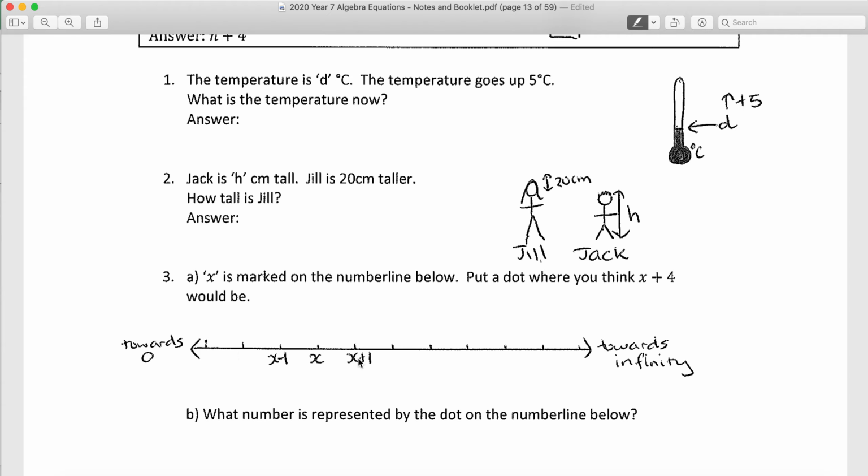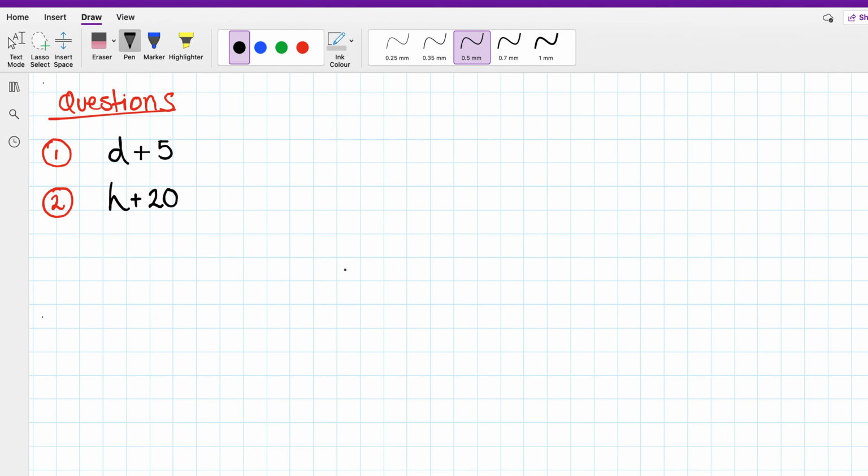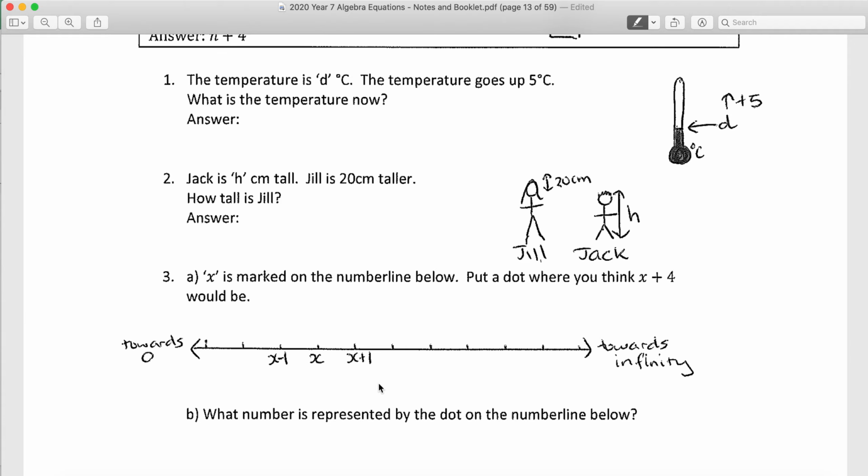Agree? And to this side, if this one is X plus 1, what will this one be? X plus 2, and this one X plus 3, and this one X plus 4. So if you have this printed out, you just have to put a dot here. If you don't have it printed out, you have to draw the line and put the dot where it goes, okay? I'm not going to do it here so that this video is not that long.